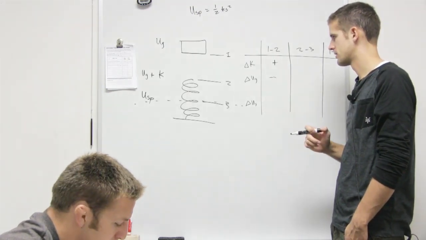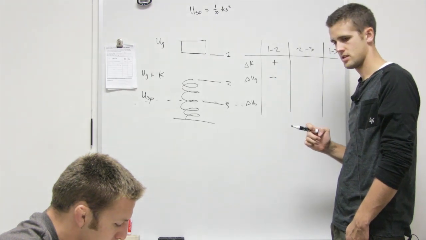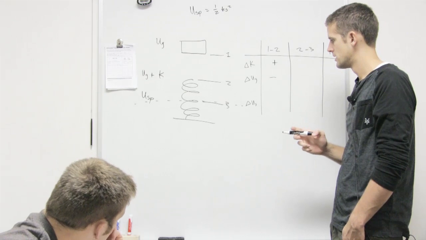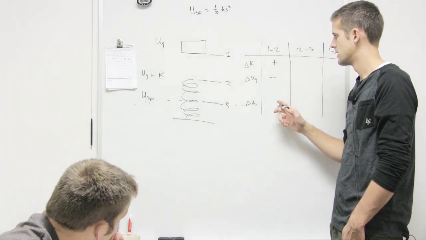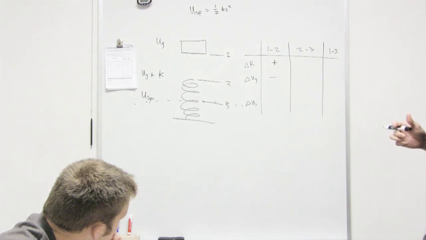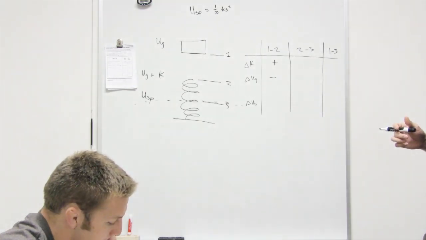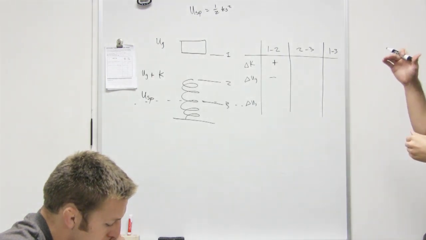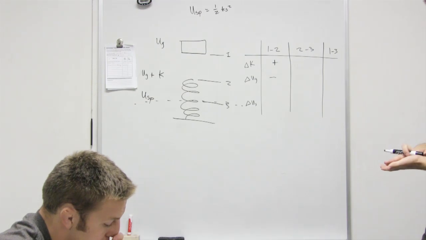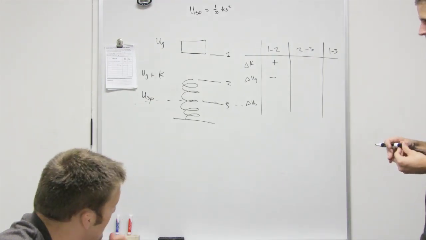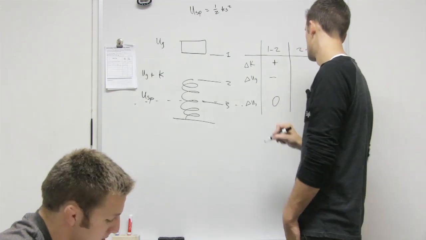So that'll be negative. So this is right from where it's dropped to right before it hits the spring. Has the energy in the spring changed at all? No. This will be 0.